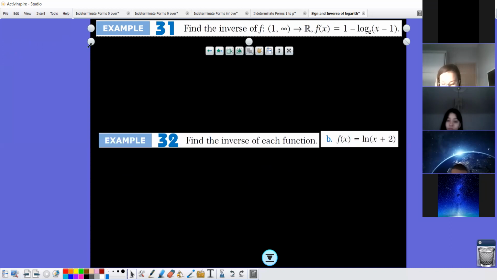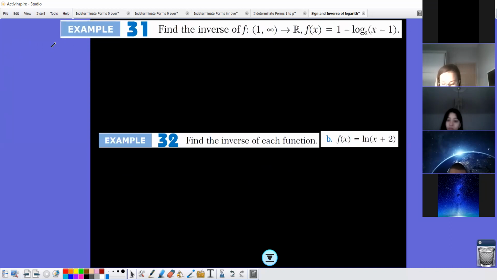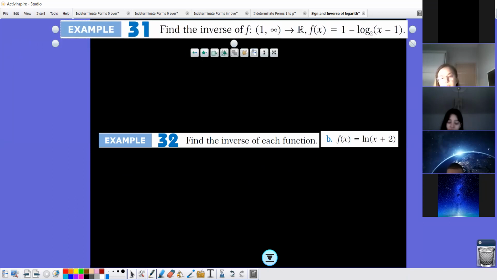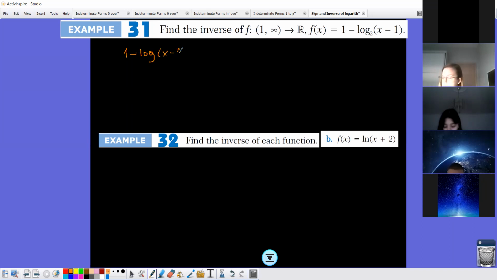Can you see the question? Now again, what is my function? 1 minus logarithm of x minus 1 to the base 2. I will start with this function equalizing to y.